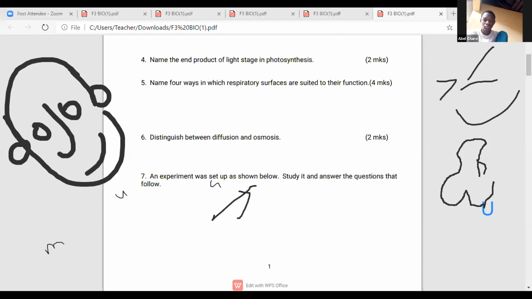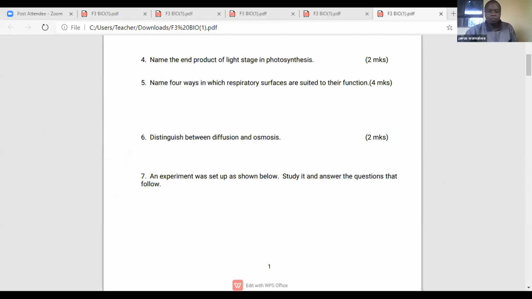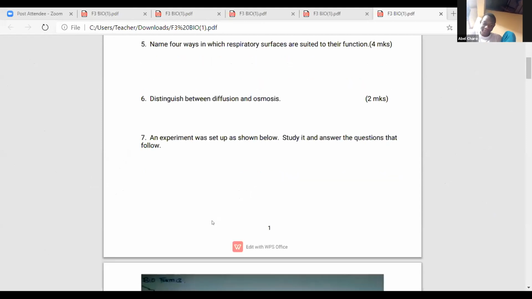Have Brighton read. Anyone can read? Number 7.